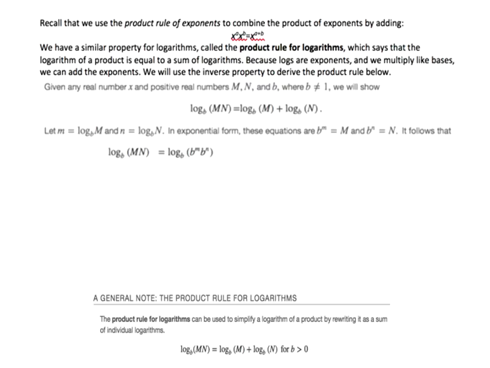Okay, so recall that we use the product rule of exponents. That's old material, actually prerequisite material for this course, to combine the product of exponents by adding. And what this says is, and I'll write it a little bit bigger, when I have exponents of the same base that I'm multiplying, so when I'm multiplying like bases, I add the exponents.